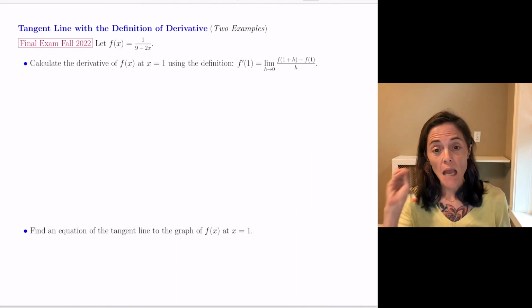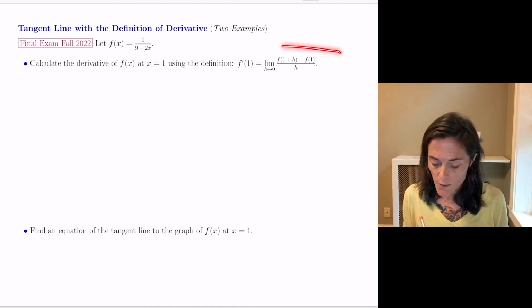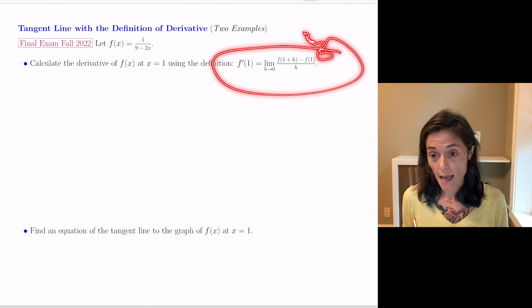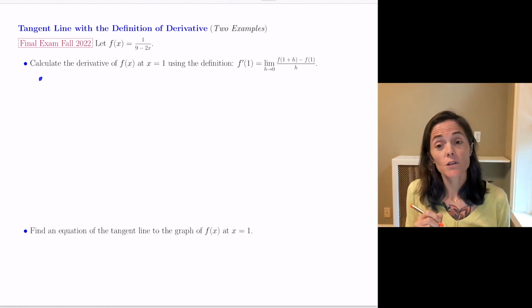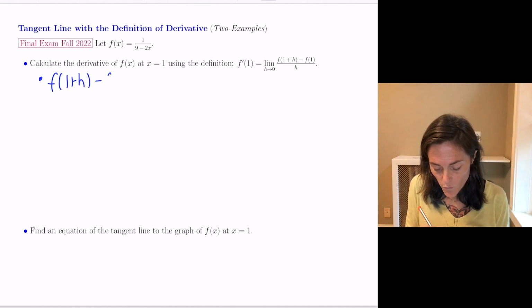Number 1, f of x is 1 over 9 minus 2x. We want to use this limit definition of the derivative to calculate the derivative at x equals 1. Well, first of all, start with the numerator, which is f of 1 plus h minus f of 1.